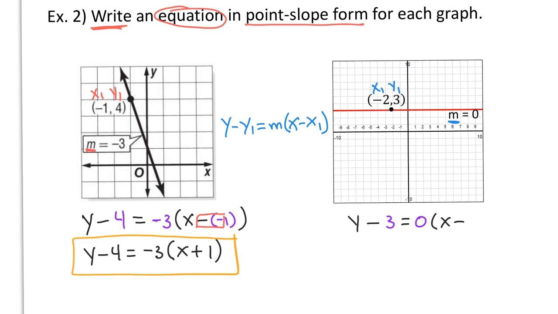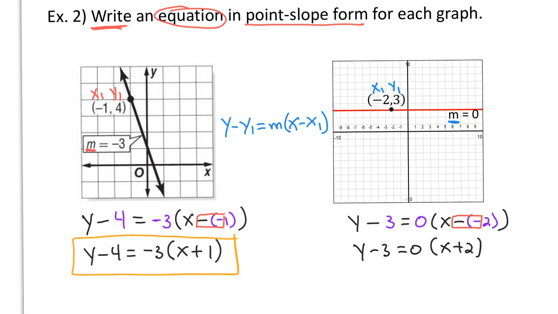So I'm going to substitute with parentheses because I'm going to have double negatives with the negative 2. I have to simplify the double negatives, negative times the negative is a positive. So I have y minus 3 equals 0 times x plus 2.